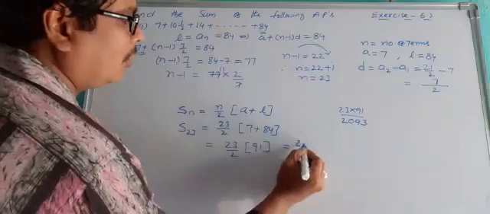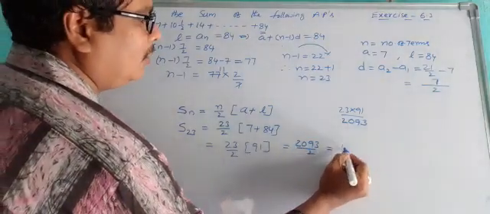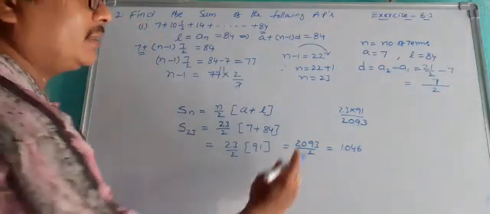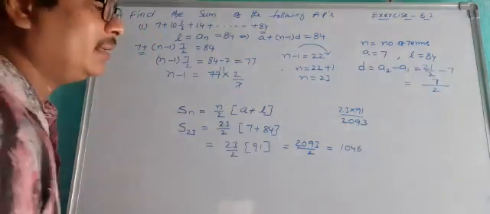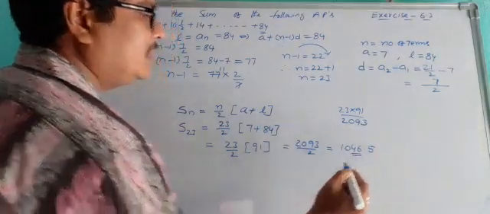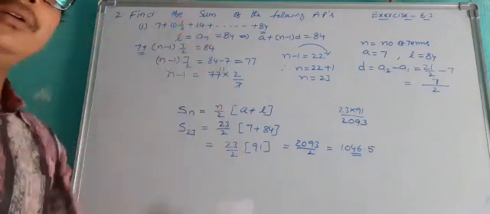So 2093 by 2, half of 2093, equals 1046.5. So this is the summation of the terms from 7 to 84.